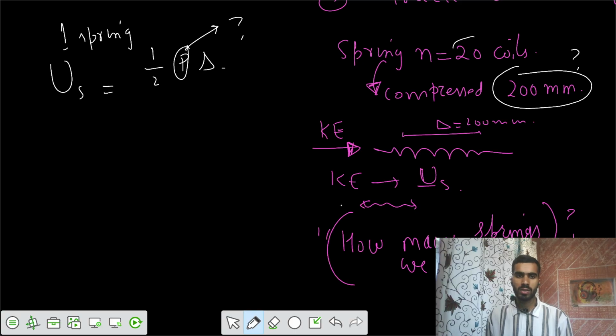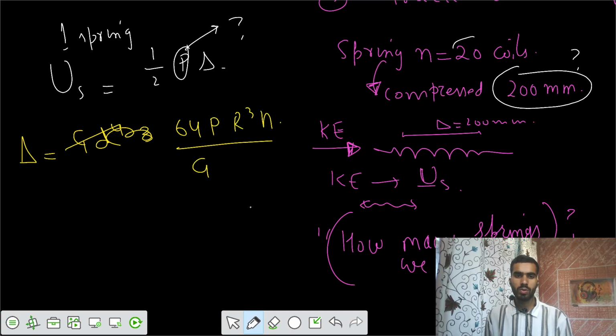This is the concern. If I have this equation of delta for the spring, that's delta equals 64 P R cube N divided by G d to the power 4. At this delta, how much P is required? Can I get this value of P?